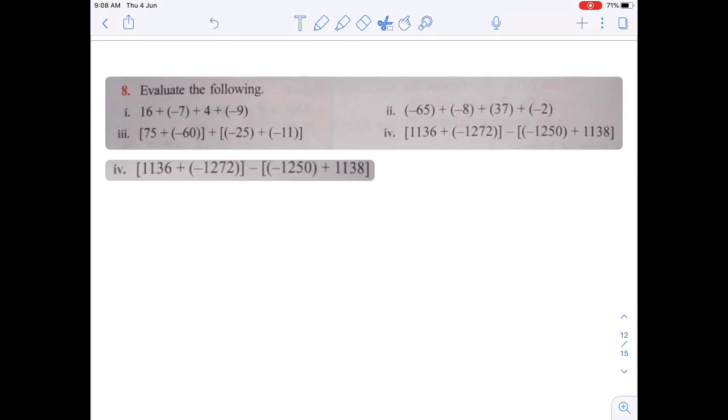So now solution. Now what is the condition over here?